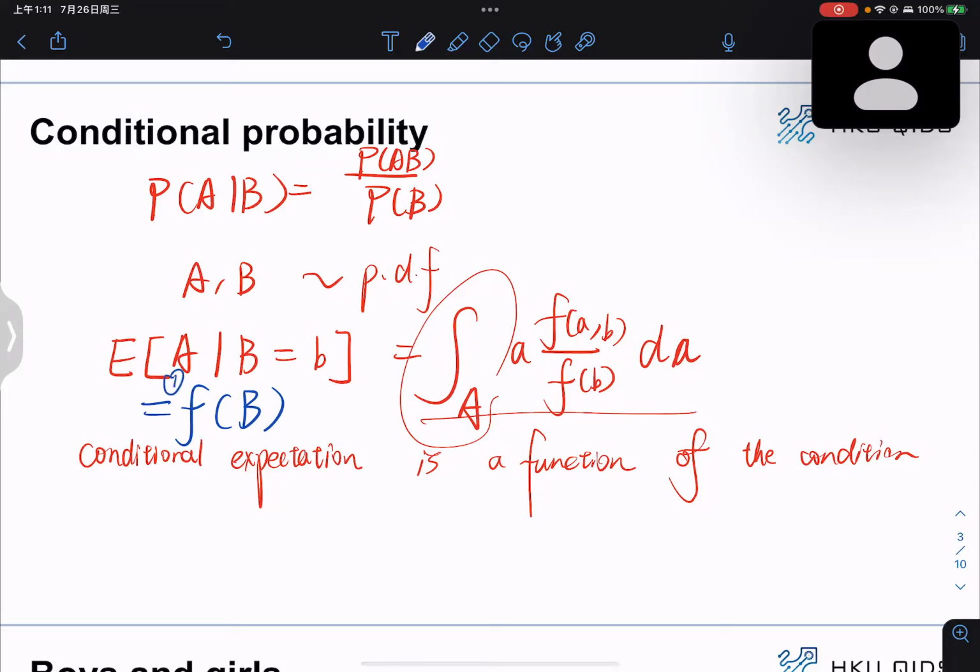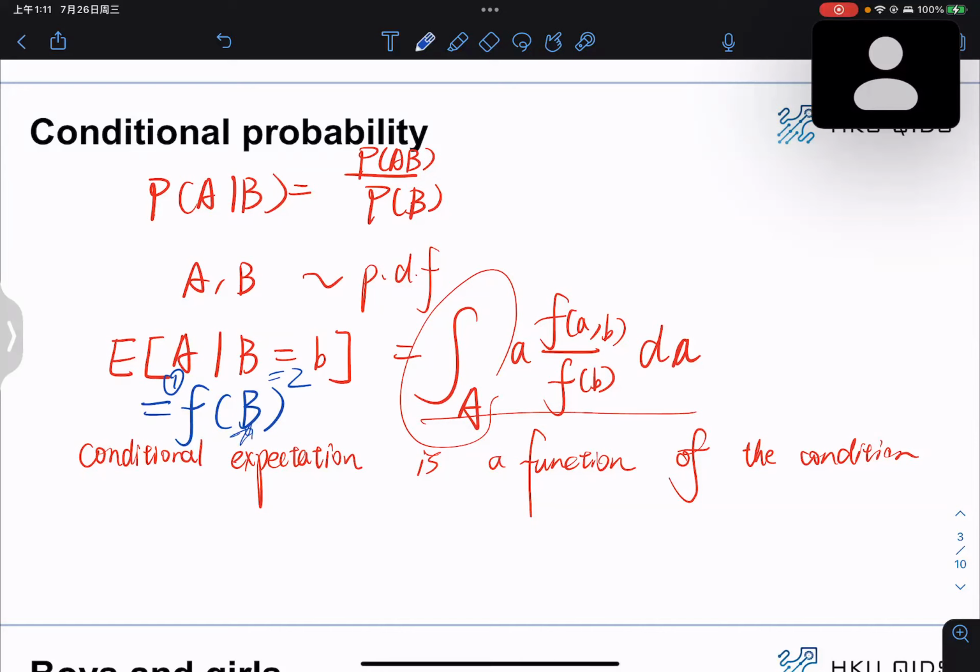The first way to think of it as a function: if I toss a coin twice, then conditional on B equal to 2, the event A could be something like I have 2 heads or I have 1 tail and 1 head. All these things are driven by this B. So this is one way to expand that.